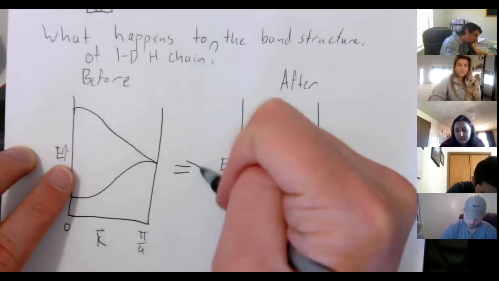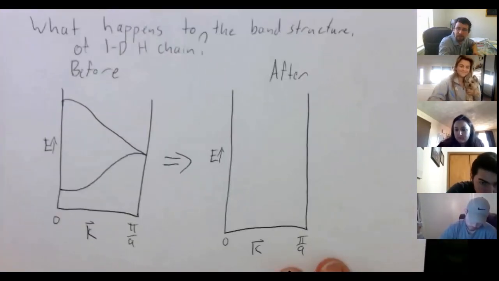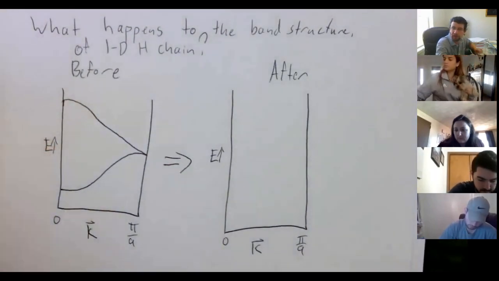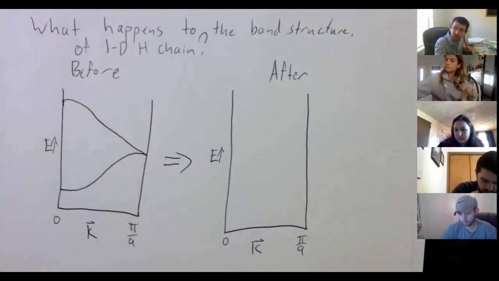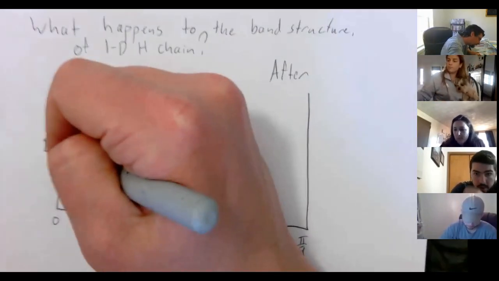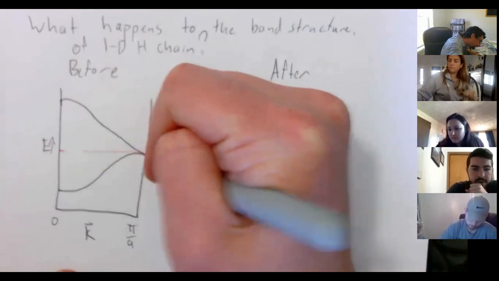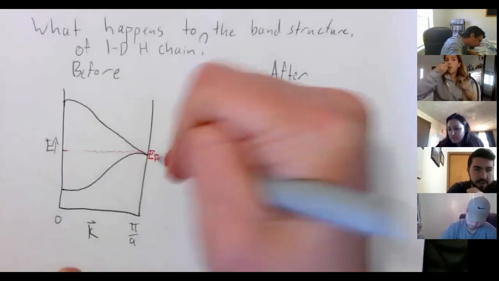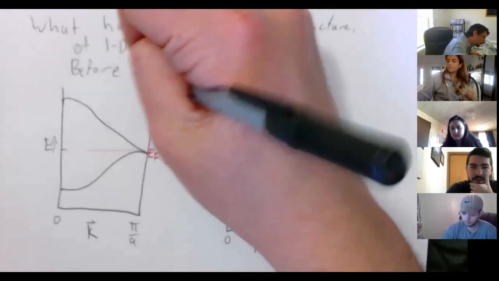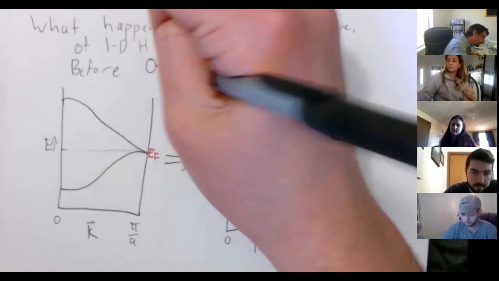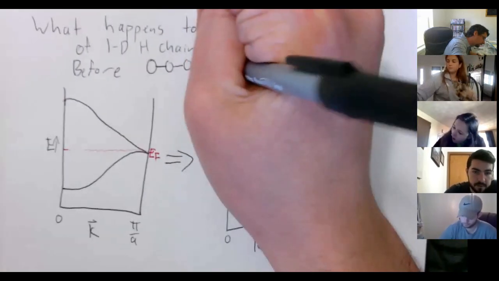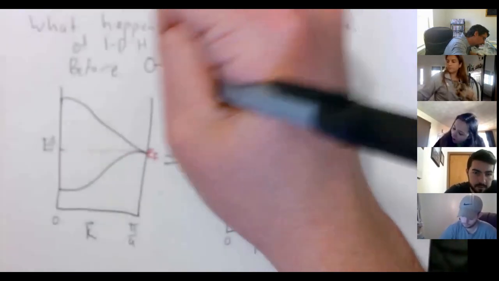We're going to let it distort. And what's going to happen? In our system, where's our Fermi level? We never indicated that. In the middle. Yep, right in the middle. Wasn't this for an H chain that's 2? Yes, a 2. Yep, we're talking about this one, where that's our unit cell.